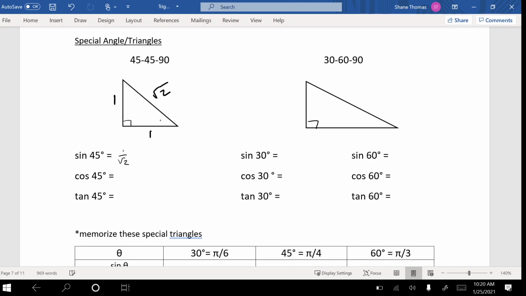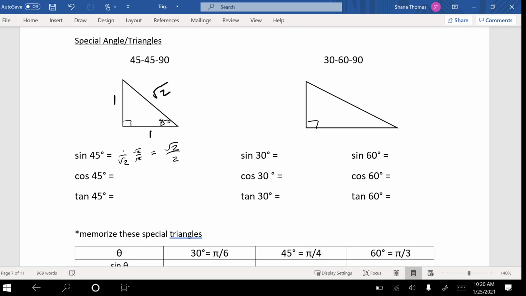It doesn't matter which angle is my reference angle, that one's my 45. Sine of 45 degrees is 1 over root 2 multiplied by root 2 over root 2, so the sine of 45 is going to be root 2 over 2.